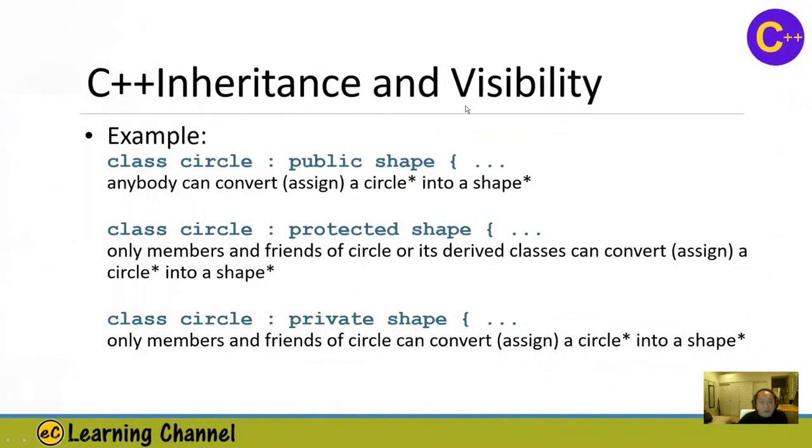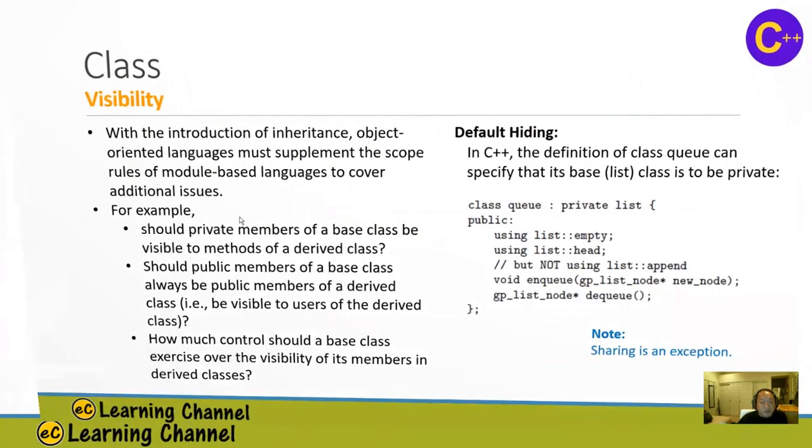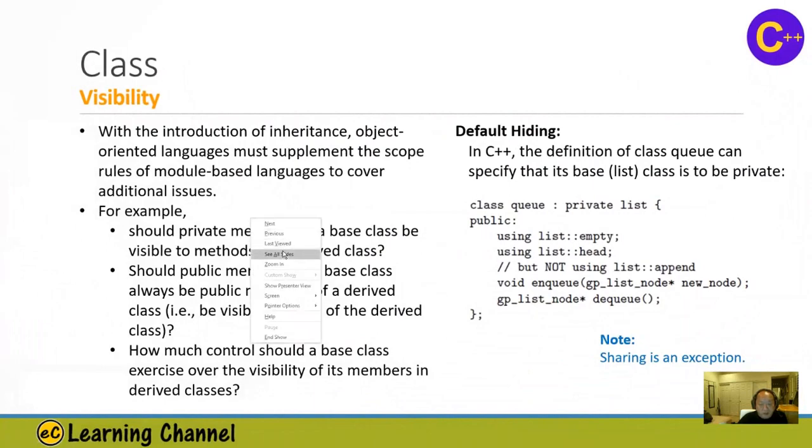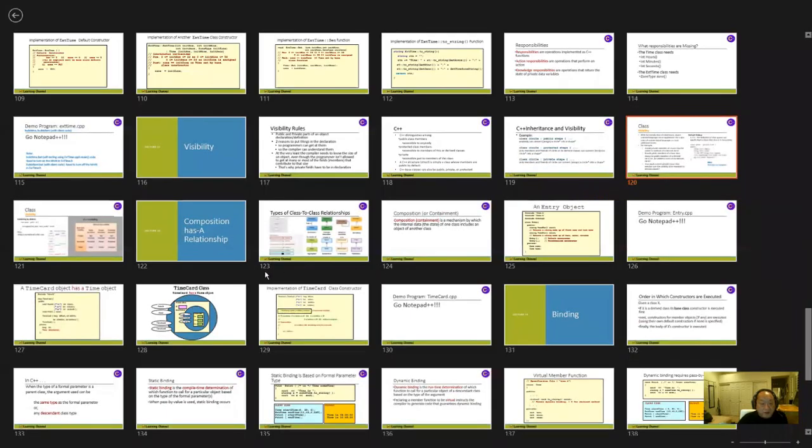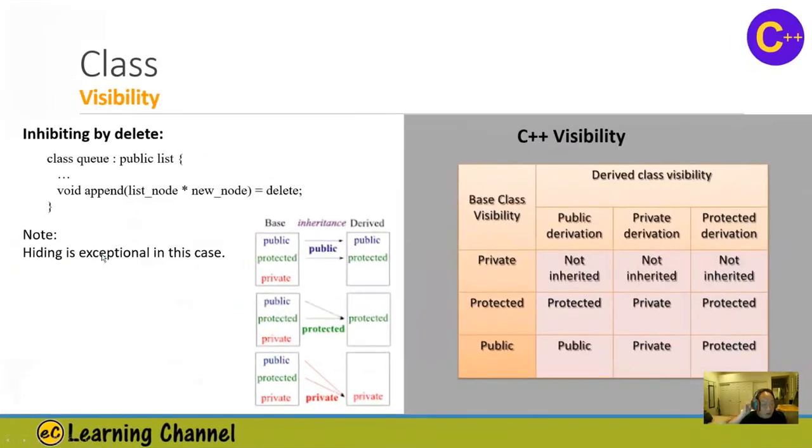C++ inheritance and accessibility. Circle extends shape, circle extends protected shape, circle extends private shape. And what's the purpose? We just look at the table we have here, right? Public inheritance means you don't drop down the public or protected accessibility.